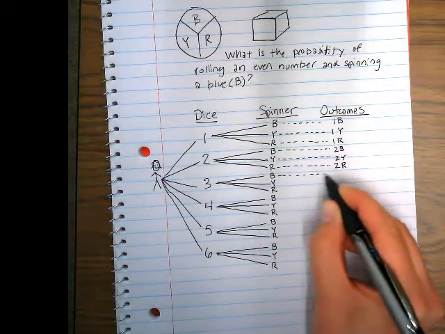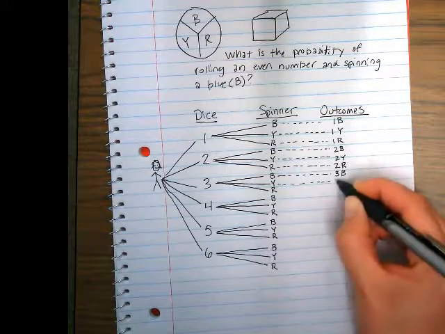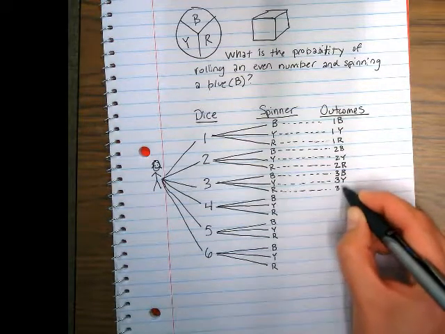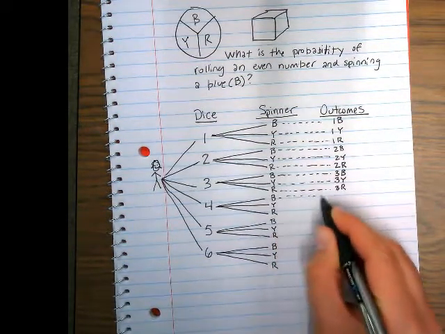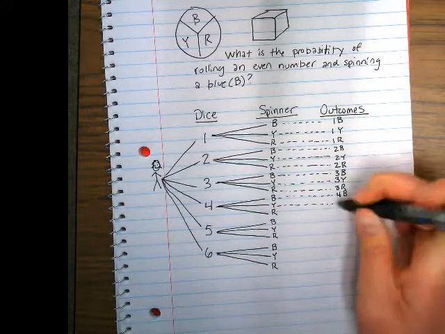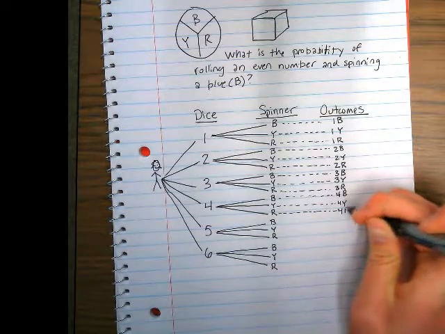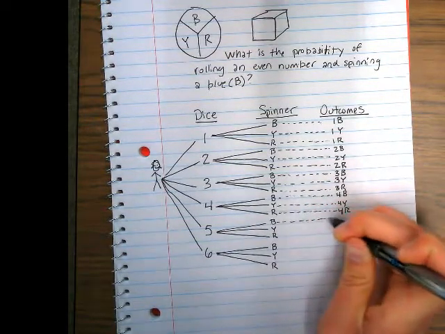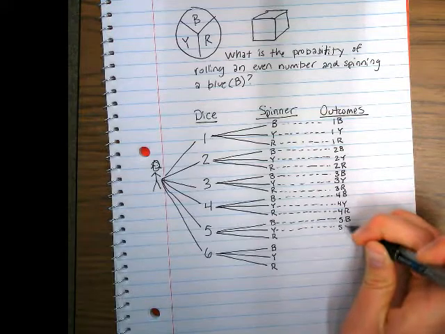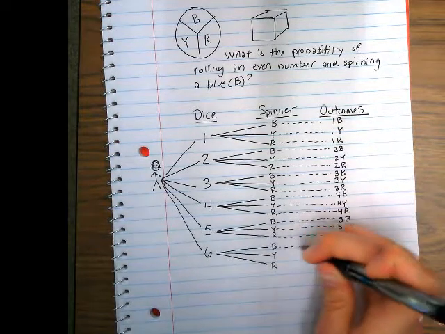And I'm just going to continue doing this for all of the possible outcomes. 3, 4 blue, 4 yellow, 4 red, 5 and blue, 5 and yellow, 5 and red, and I'm almost done here.